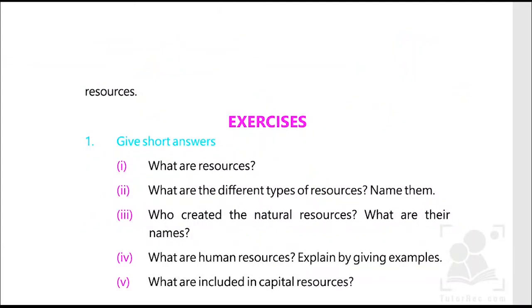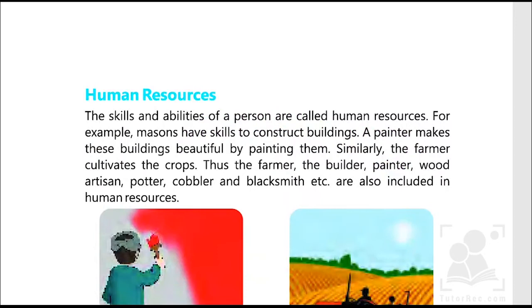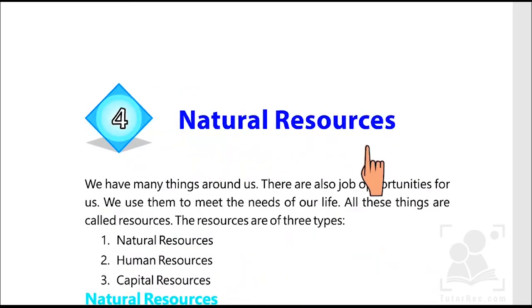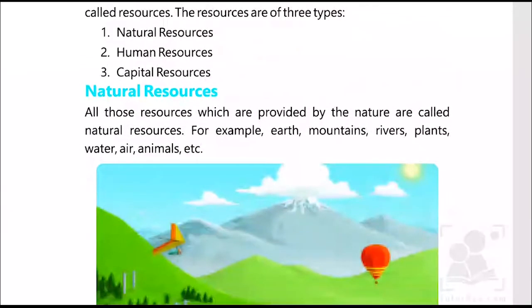So that's all from this unit number 4, which is about natural resources, in which we learned that natural resources are the resources provided by nature, such as the plants, rivers, mountains, hills, the greenery, the leaves, the air, food, the shelter.